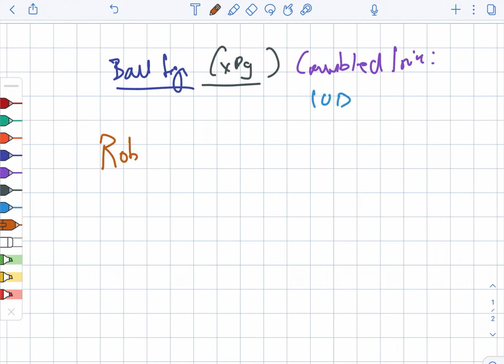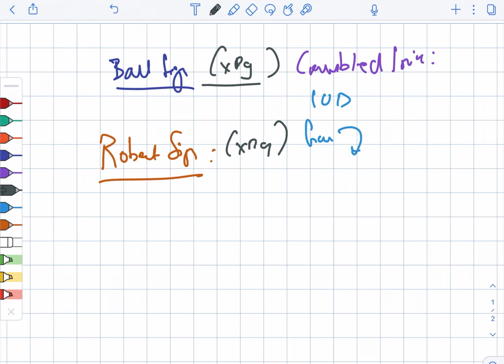Now we are looking at the Robert sign. This is seen on X-ray. It is the presence of gas in the fetal great vessels, and this is in case of intrauterine death.